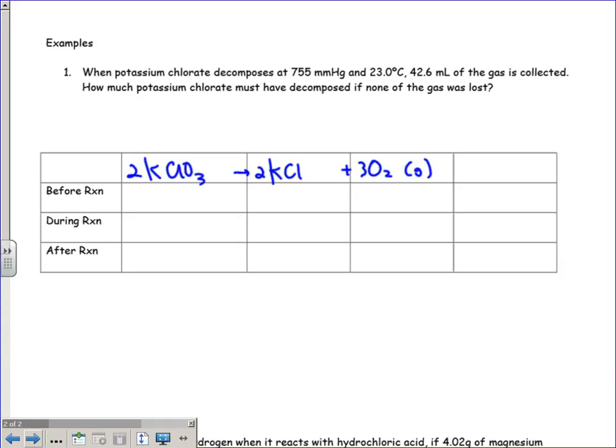So we're solving for the amount of potassium chlorate that decomposed, and they're assuming that none of that gas was lost, which you guys know is not always the case when you perform an experiment. So we're starting with a gas, and we're going to a non-gaseous substance. So we're going to get moles, and this time we're going to get moles by using our ideal gas law.